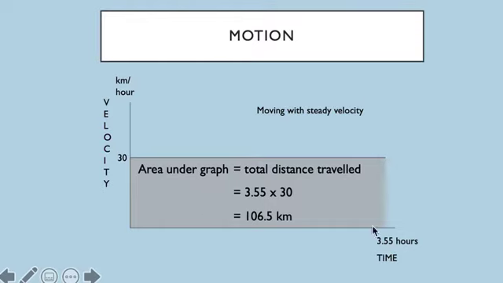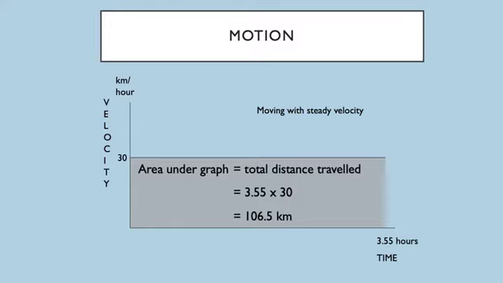And that just happens to also map out this rectangle here, this area. So 30 times 3.55 is the total distance travelled. It's also the area that's under this graph, and that happens to be 106.5 kilometres in this case. So you've travelled 106.5 kilometres to see your nan, which is lovely.